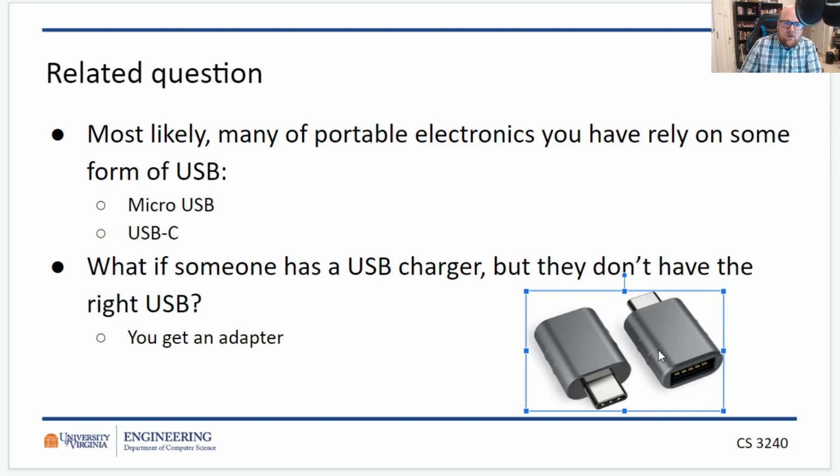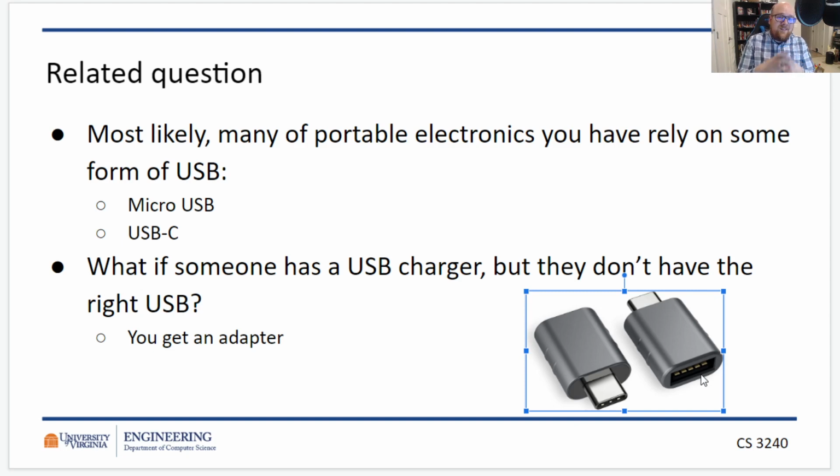The adapter would plug on to the USB, and then it would effectively convert the old interface, because USB is an older interface, the old interface into USB-C, the new interface. This is called an adapter. You may get an adapter, for example, if you travel overseas.